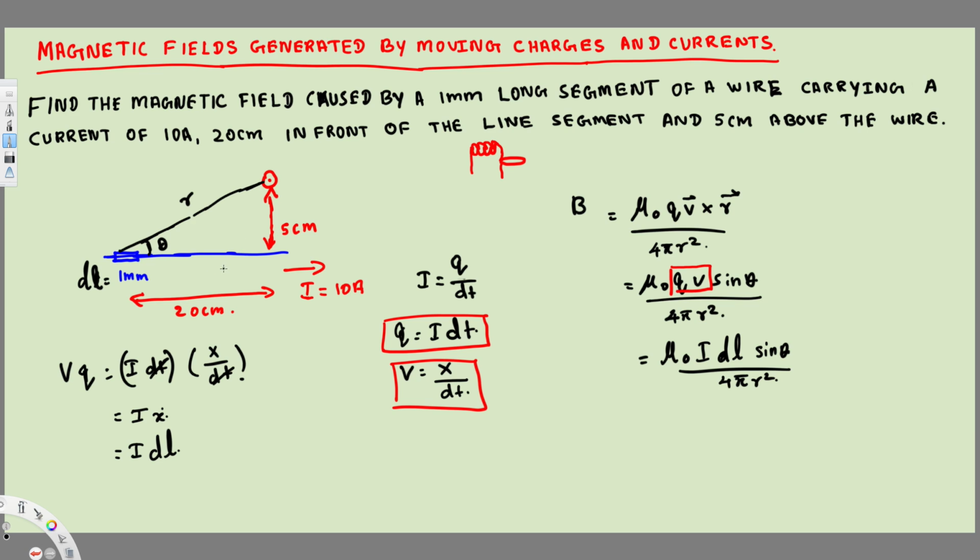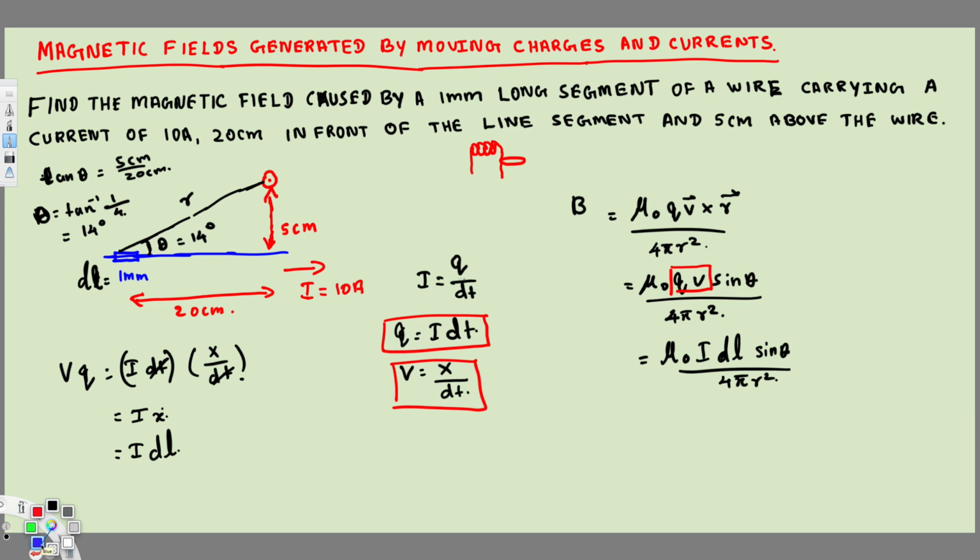So since we have opposite and adjacent, we can use tan theta. So tan theta is equal to opposite over adjacent. This is going to be 5 centimeter over 20 centimeter. Therefore theta is going to be equal to tan inverse of 5 over 20. 5 over 20 is going to be 1 over 4, right? And if you find this angle, that's going to give you 14 degree. So this angle is equal to 14 degree.